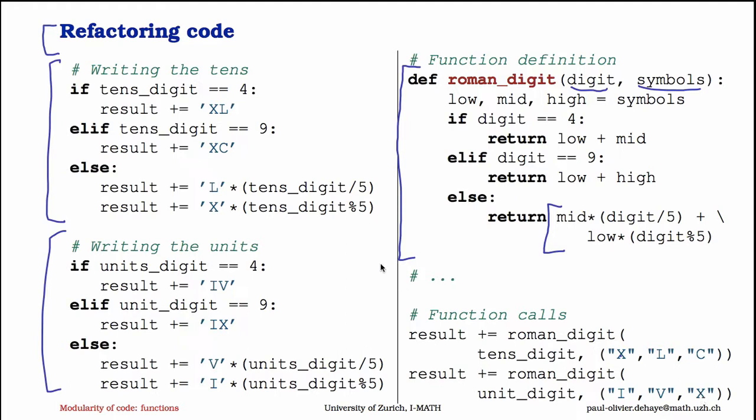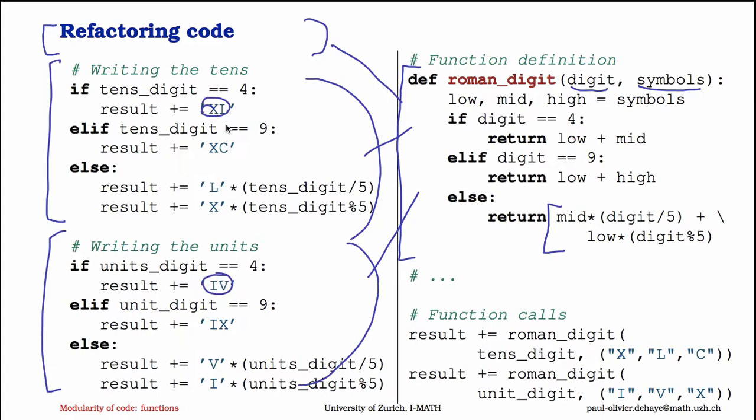So you see that we've packaged all the functionality that was repeated twice here, or maybe even 3 times if you count the hundreds, into one. We have abstracted this and packaged it here only once, and we have parameterized the things that changed between the different blocks on the left.